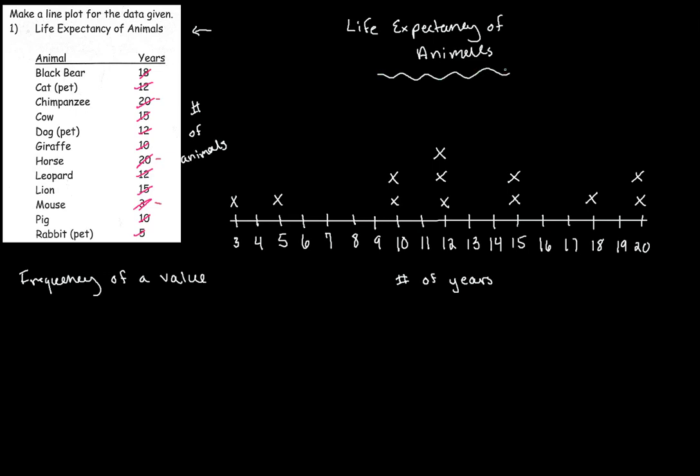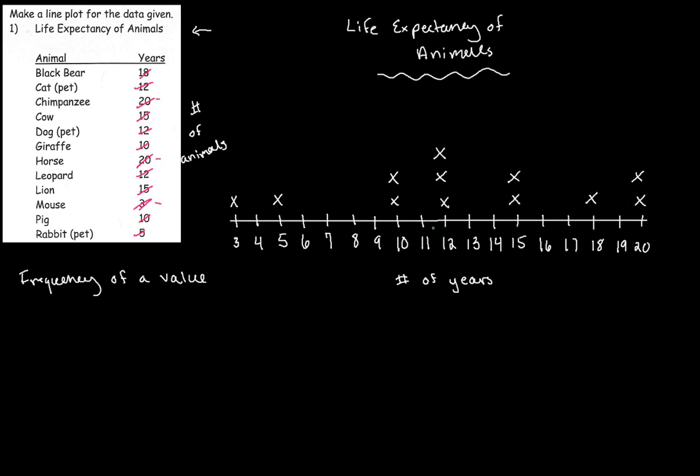And that would be a sufficient title to show that you're looking at the life expectancy of an animal, and then you're telling me how many animals fit into that category. And so you're finding the frequency of the value. So 12 would have a frequency of 3, 15 would have a frequency of 2, and 20 would have a frequency of 2, and then the rest would have 1.